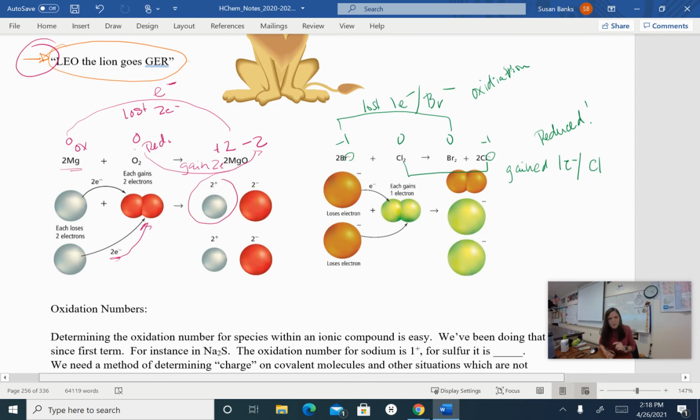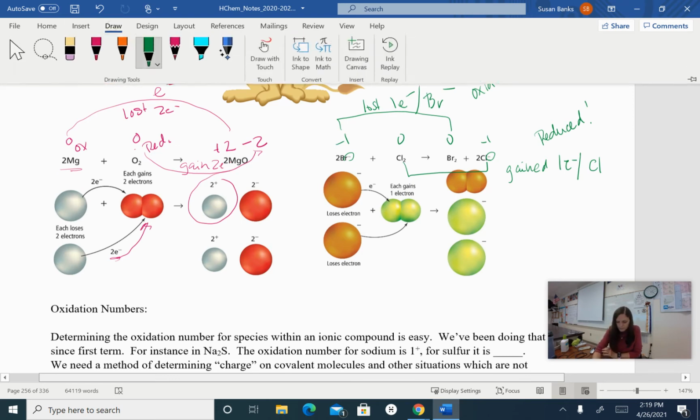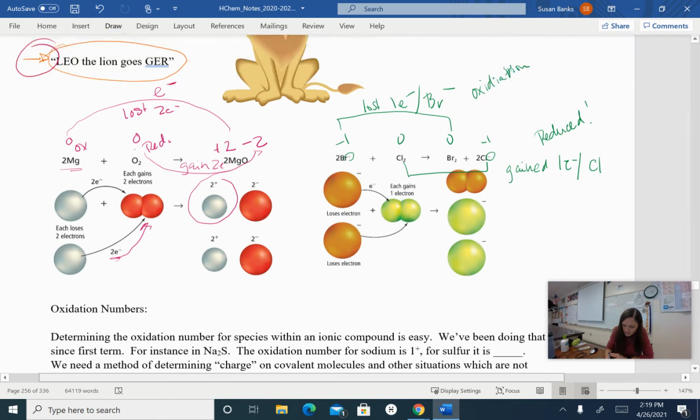Okay? So here we go. Let's talk about the agents here really quick before we move on. So, what helped the magnesium get oxidized? The oxygen. So, that means oxygen is going to be the oxidizing agent. And magnesium was oxidized, and it helped the oxygen be reduced.